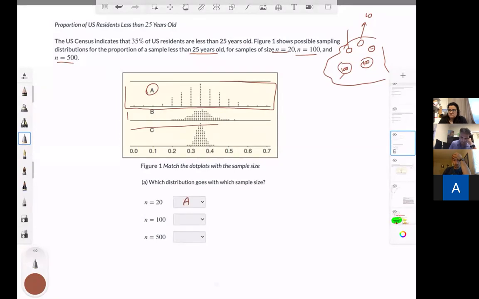What will n equal to 100 be? That would be B. Very good. And n equal to 500 will be C. So we pick 500 in our sample, which is more than 20 and 100. So definitely, whatever statistic we get is more related to the population.